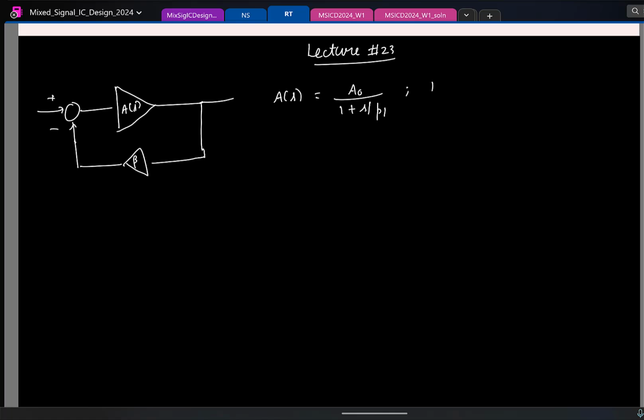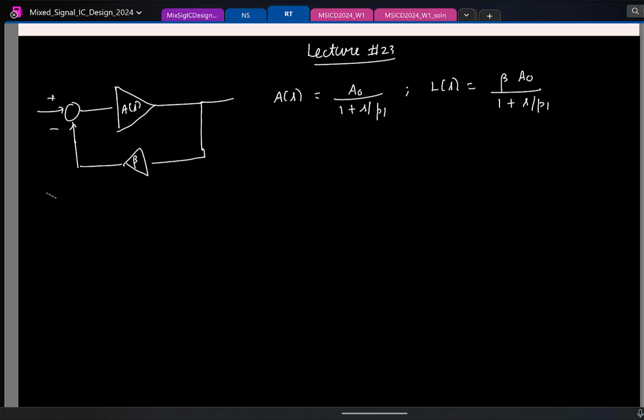So what is the loop gain in this case? Yeah, it is beta times the same transfer function, beta times A0 by 1 plus S by P1.